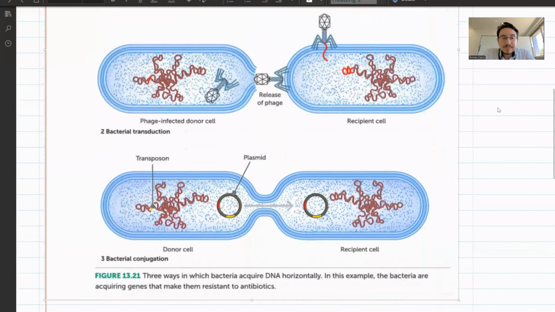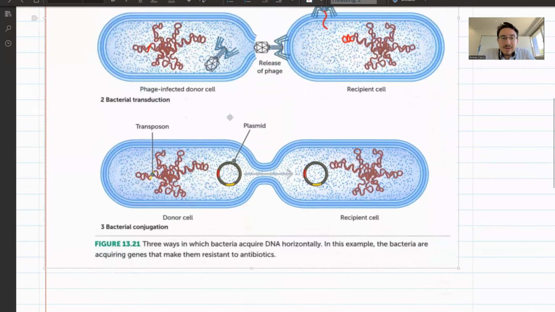Bacterial conjugation: you can have certain plasmids that carry a resistance gene, right? They can basically pass these plasmids via a special little kind of tunnel or tube, right?